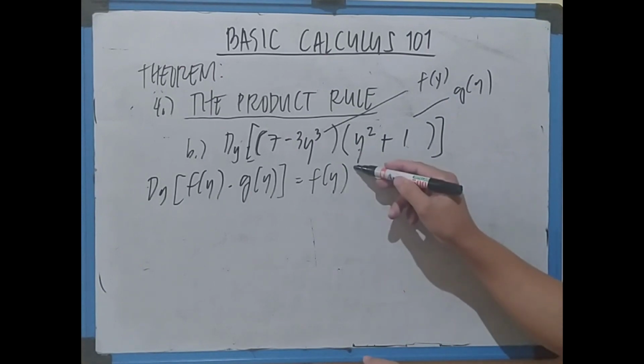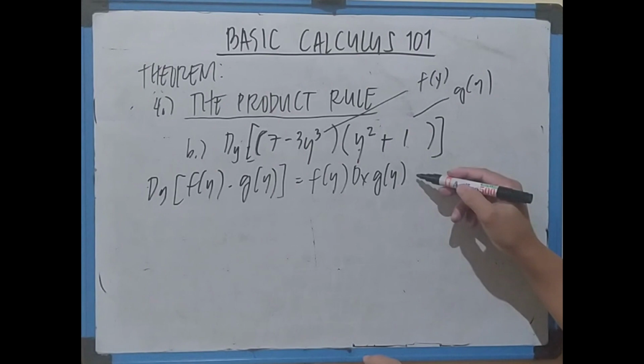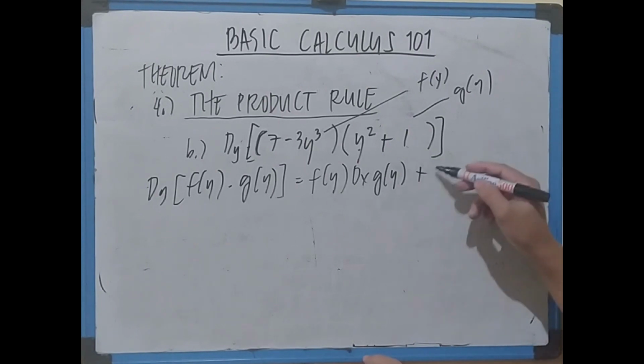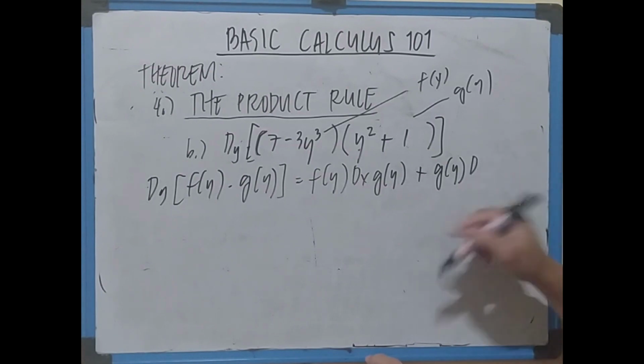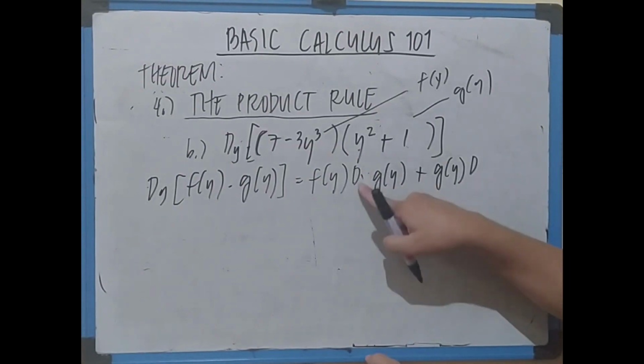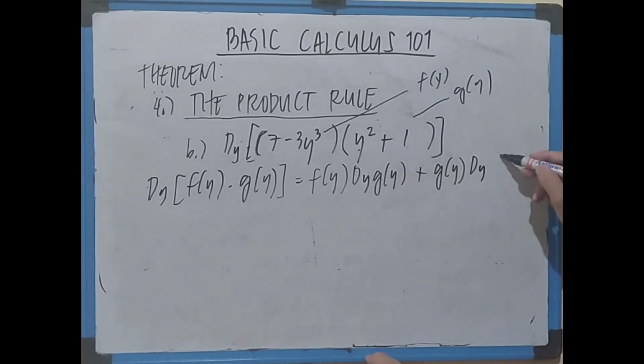Then, the derivative of g of y. Then, plus g of y. Then, multiplied by the derivative, hindi pala sa derivative of x. Derivative of y. So, derivative of y ng f of y.